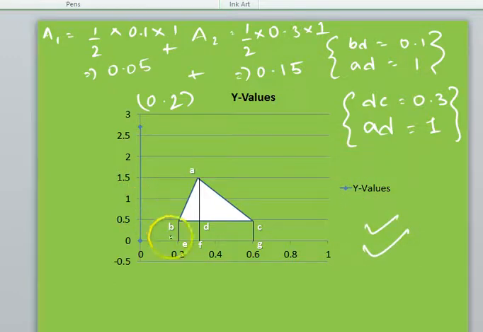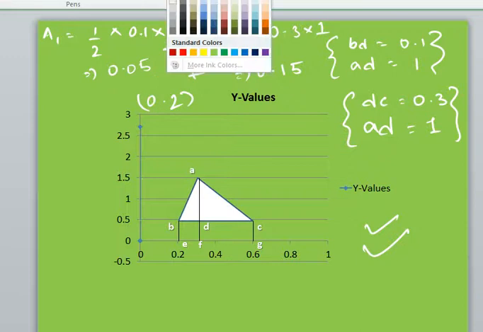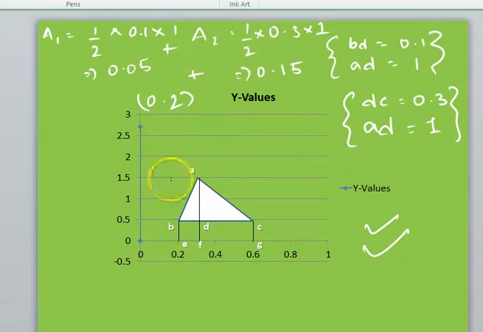Another way is also possible to compute the area over here. If I consider the trapezium EBADF, hope you all are getting it, I repeat, EBADF, and a second trapezium ADFGC.